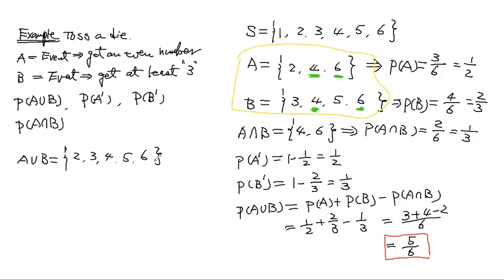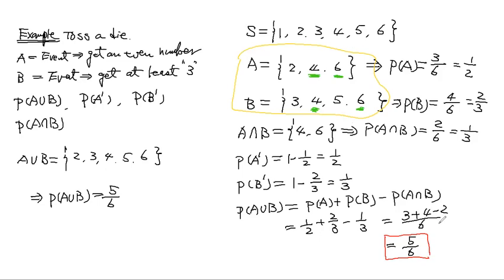You don't repeat, you know, 4 and 6 are the same numbers, but you don't repeat them. So you see here, A union B has 5 elements out of the 6. So that's why A union B is 5/6. Correct? Okay, so that's pretty cool.